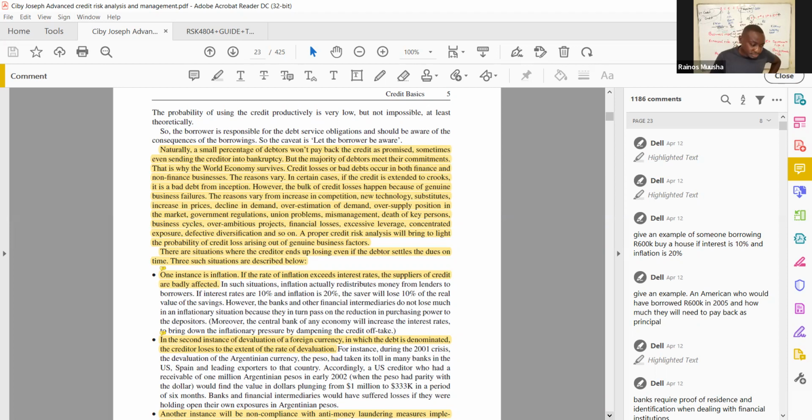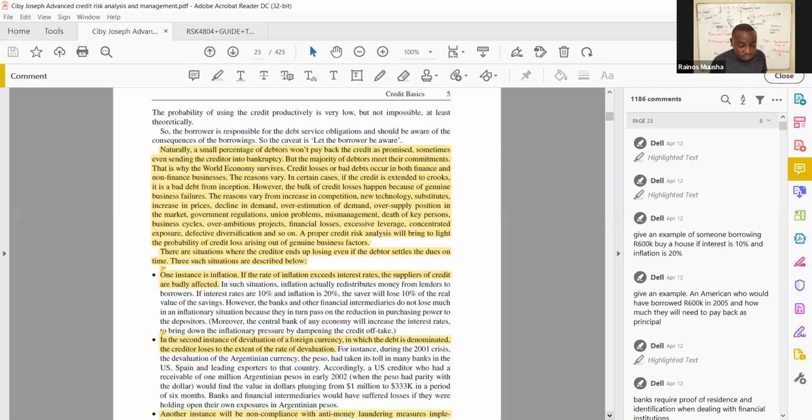Now, what do we see? If you are having 1,050, you have to ask yourself, having 1,000 rand today compared to having 1,050 after 1 year, what is the effect of inflation on my returns?